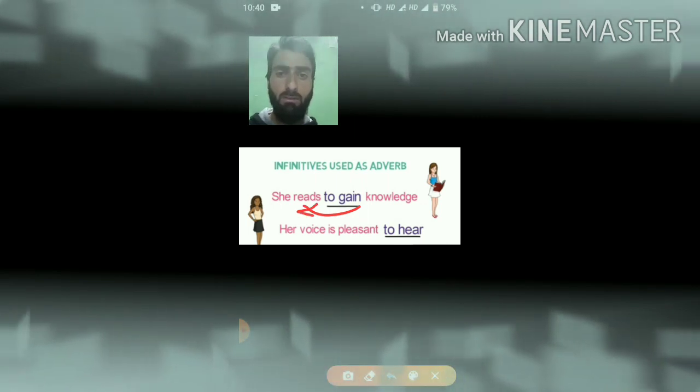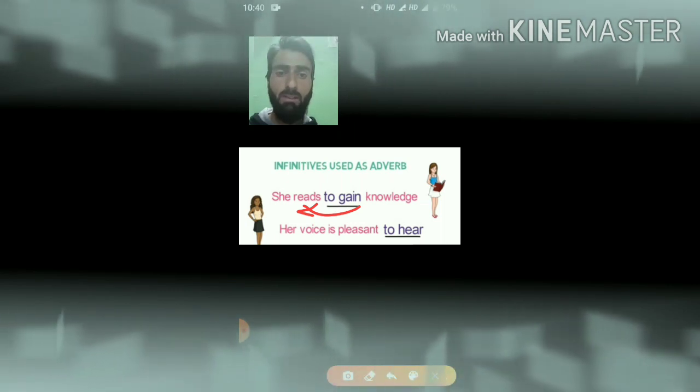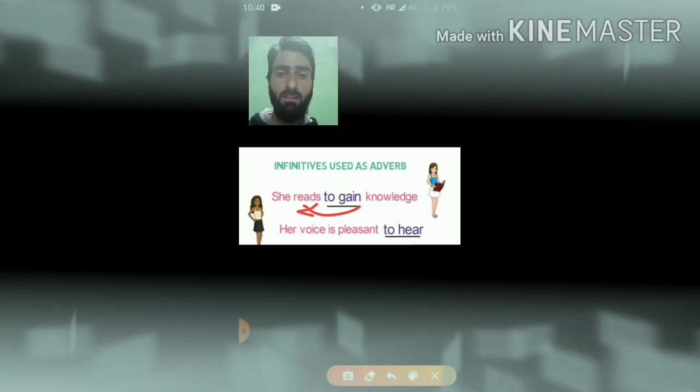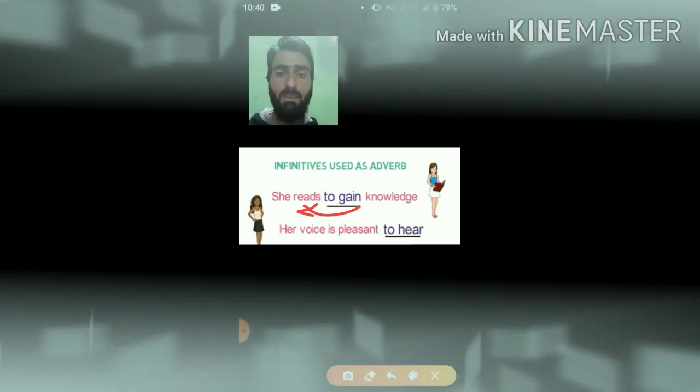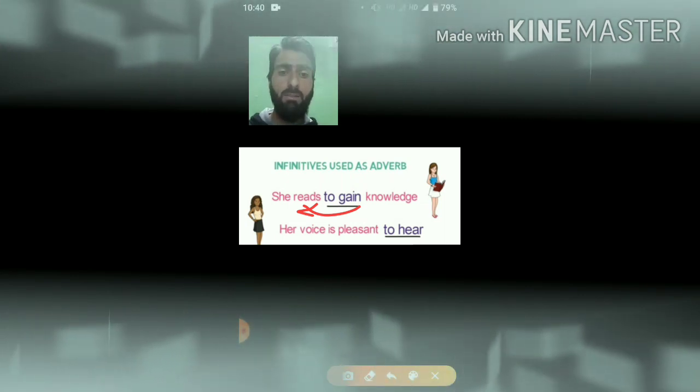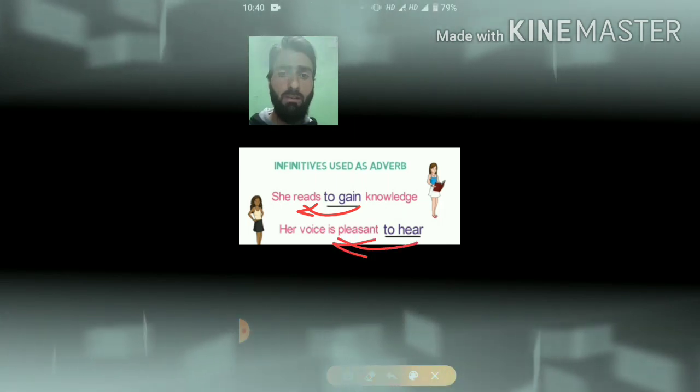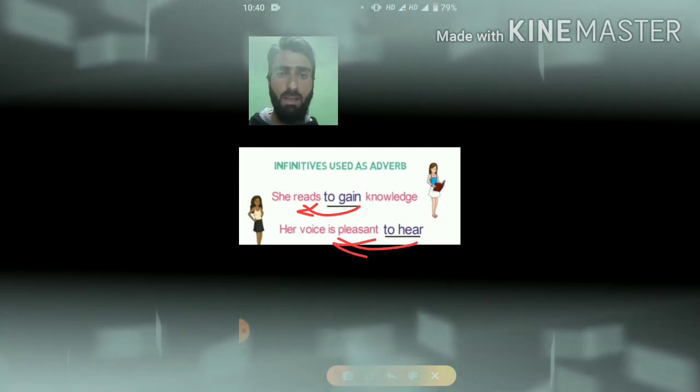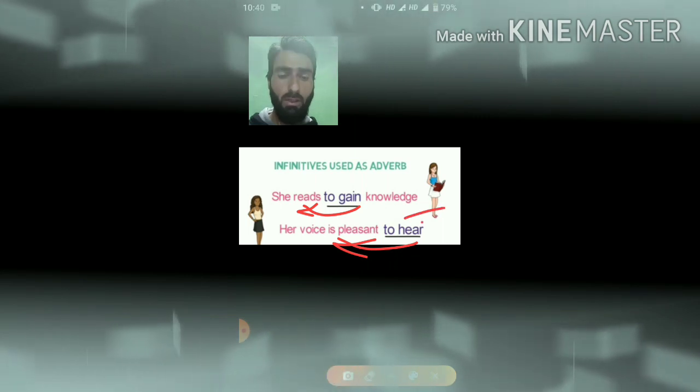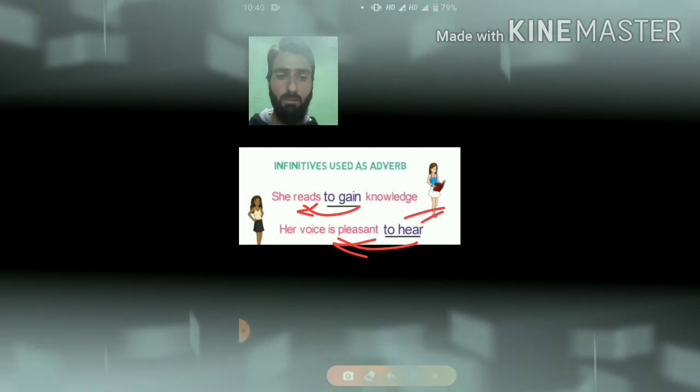So it acts as an adverb in this sentence. Similarly, in the second sentence, her voice is pleasant to hear. Pleasant is an adjective, and to hear qualifies this adjective, and here to hear is used as an adverb.